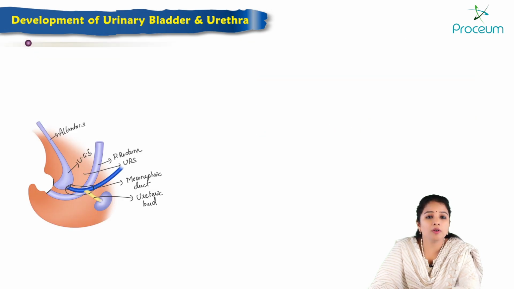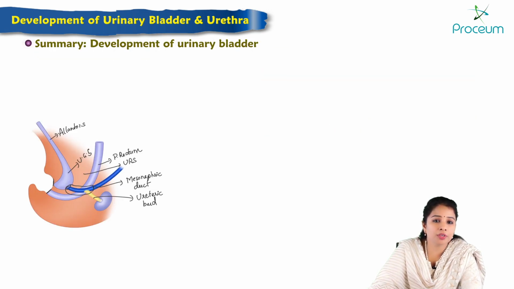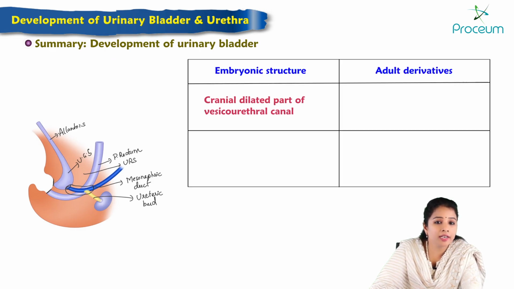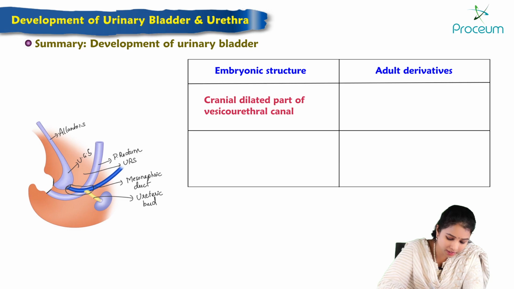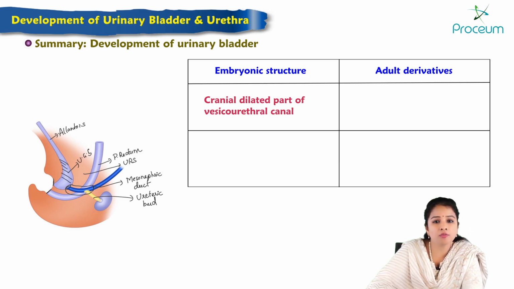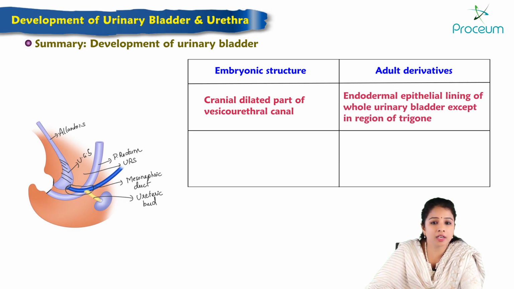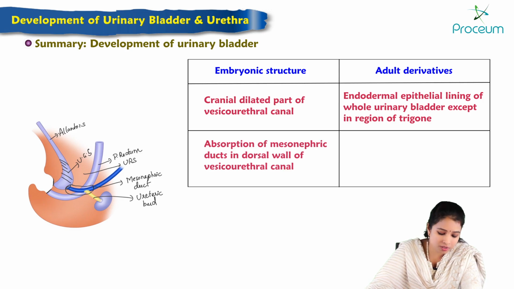So let's talk about the summary of development of the urinary bladder. The cranial dilated part of the vesico-urethral canal forms the endodermal epithelial lining of the whole of the urinary bladder except at the region of the trigone.